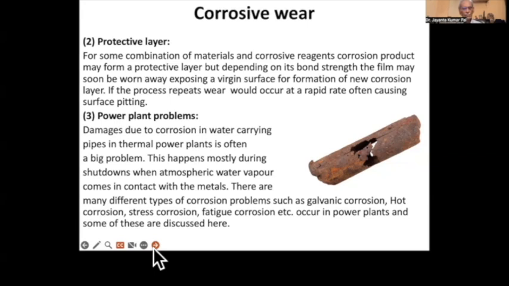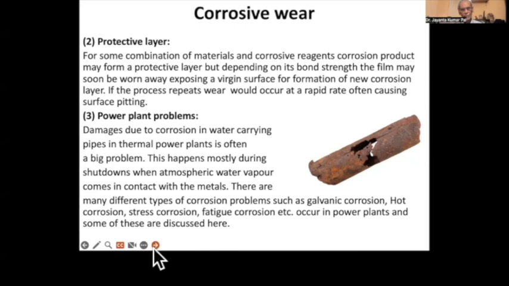As I was saying, in power plants, this type of wear, corrosive wear, is very prominent, and there usually pipes are lagged, and it usually happens during shutdown. Thermal power plants have scheduled shutdowns, and that is the time when the atmospheric water vapor comes in contact with the metals and corrosion starts.